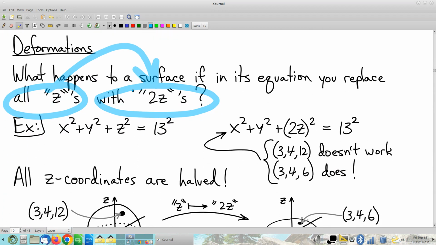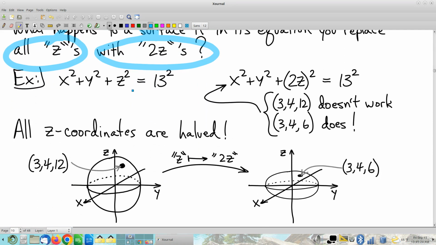Okay. So hypothetically, let's suppose we have some equation and we tweak it. Everywhere in my equation that I have a z, I replace it with two z's, such as, for example, let's take this equation right here, which, by the way, is an easy equation to understand. I have a couple of different points of view on how to think about this green equation.